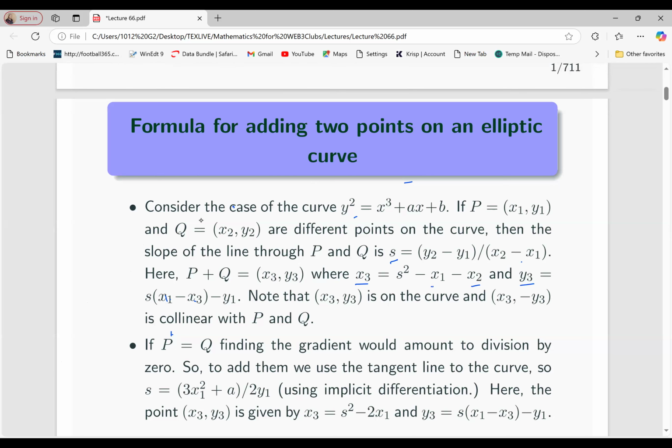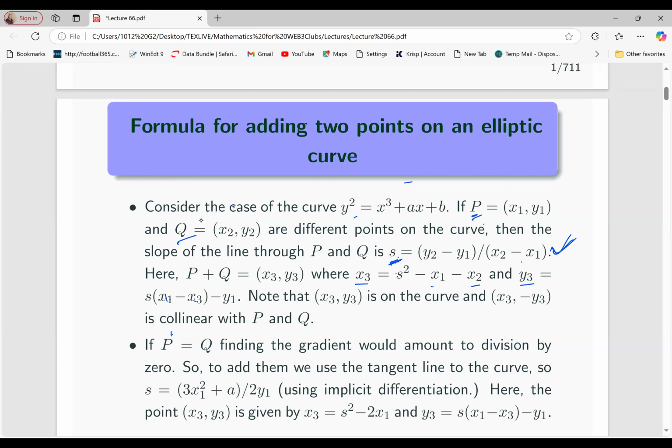You've told it that if you're given 2 points P and Q, first of all, find the gradient of the line that passes through these points, and the gradient is given by this.